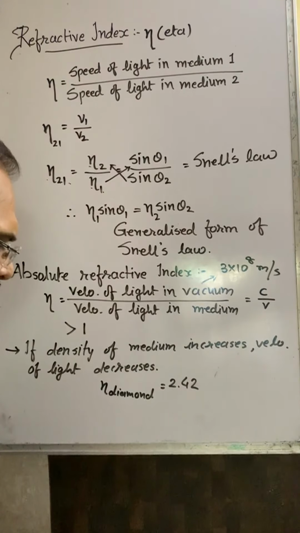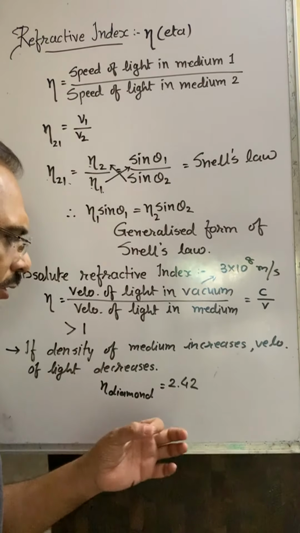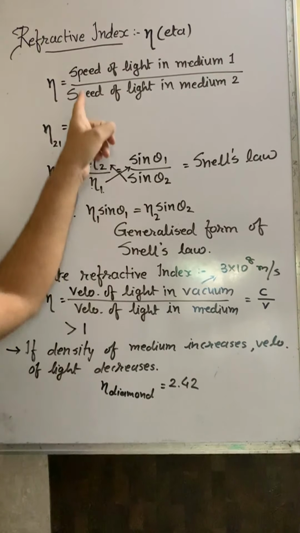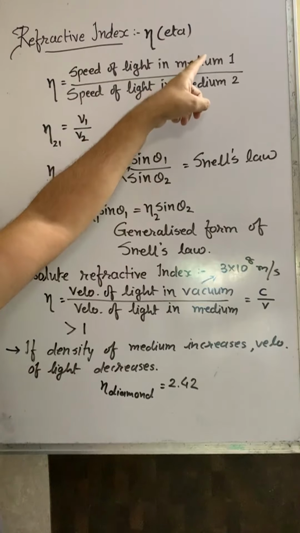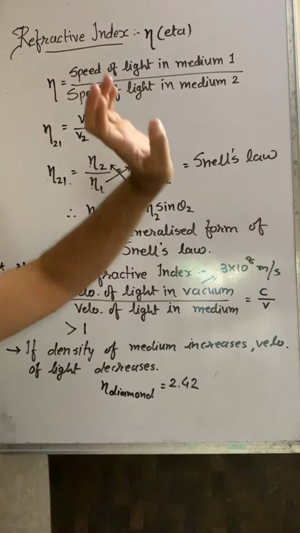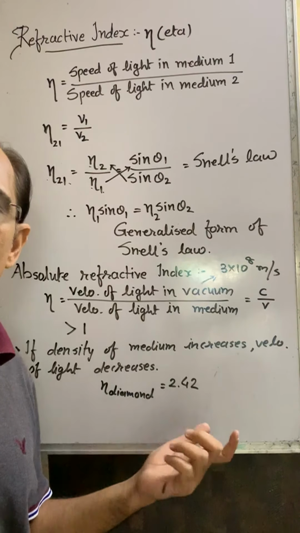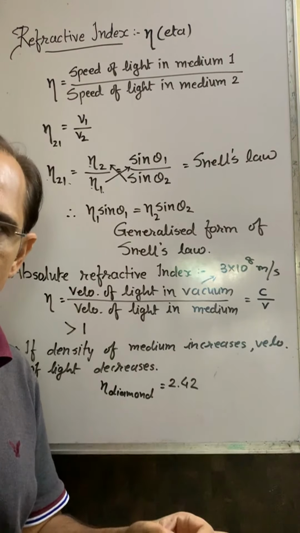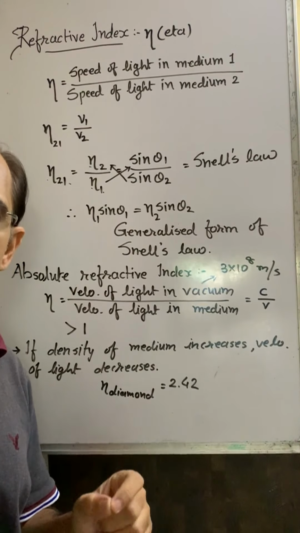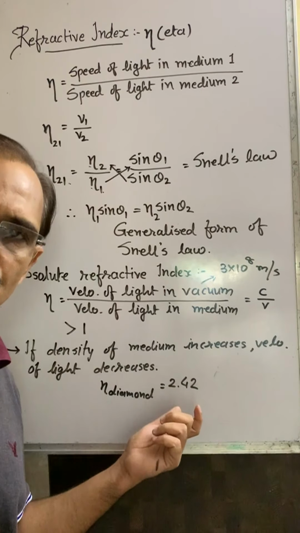It means the ratio of the velocity of light in air to the velocity of light in diamond is 2.42.